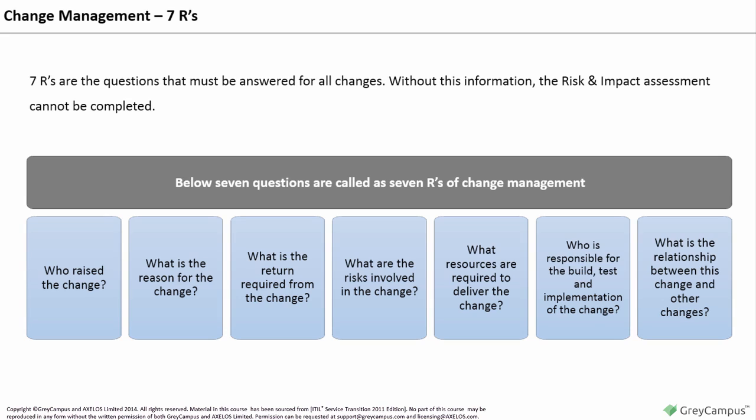Change management is responsible for ensuring that changes are evaluated and, if authorized, subsequently developed, tested, implemented, and reviewed. Final responsibility for the IT service, including changes to it, will rest with the service owner.